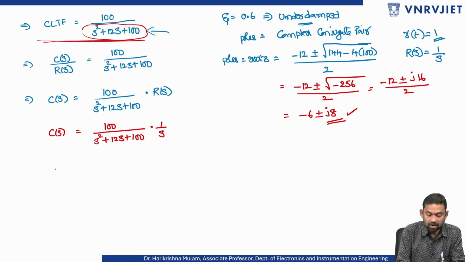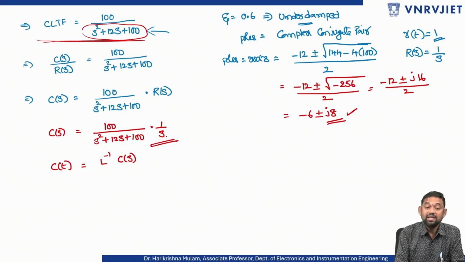Therefore, if you want the response of the system c of t, you need to take the inverse Laplace transform of this c of s. But we don't have any direct formula for this type of expression in the Laplace domain. The inverse Laplace transform formula is not there for this type of expression.